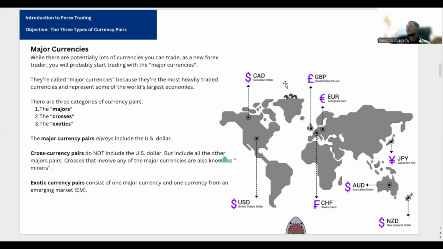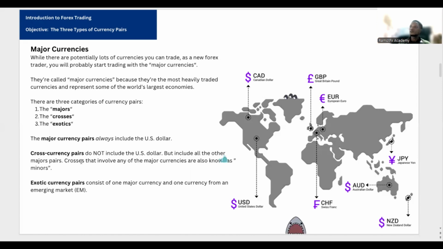All these CAD, GBP, EUR, JPY, AUD, CHF, NZD, minus USD, all these 7, paired together, like GBP/EUR, CAD/GBP, EUR/JPY, AUD/NZD, or CHF/JPY, pairing them together minus USD, are called the cross pairs or minor pairs.